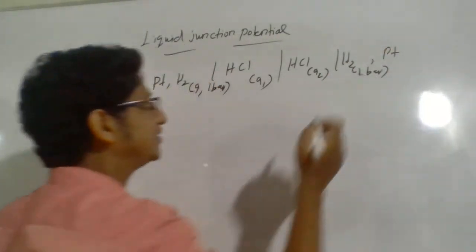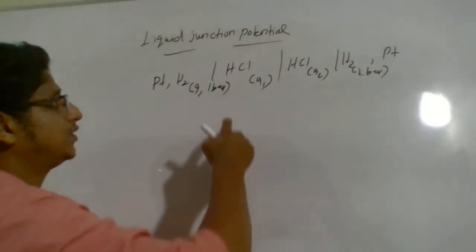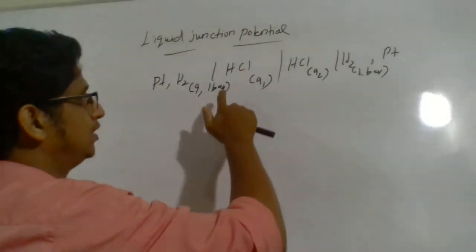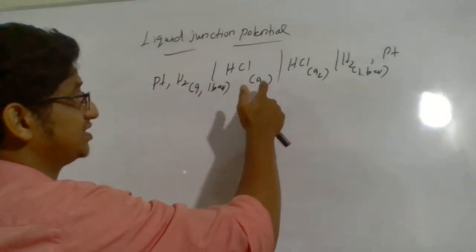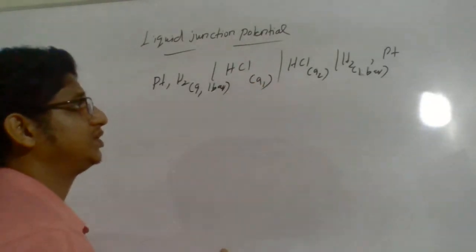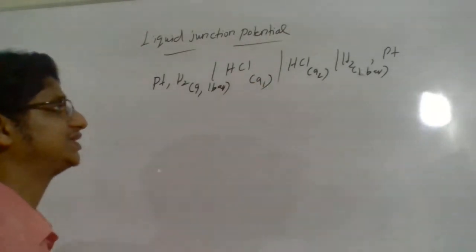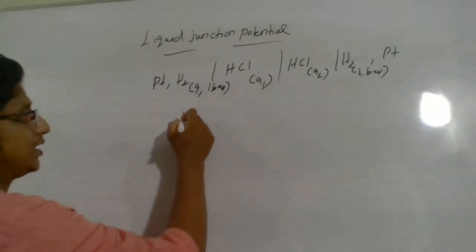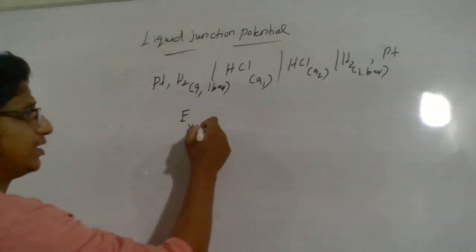So this is the hydrogen electrode cell, in which one HCl has concentration A1 and the other HCl has concentration A2. This is the electrolyte concentration cell with transference.